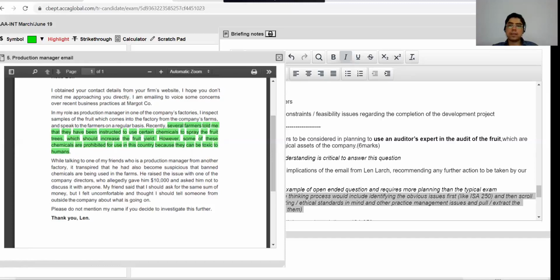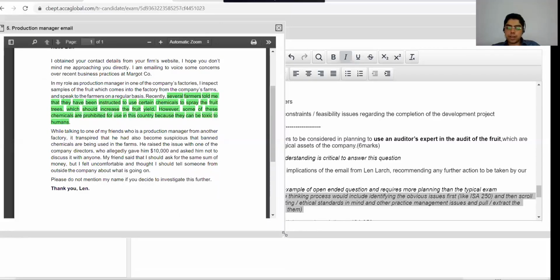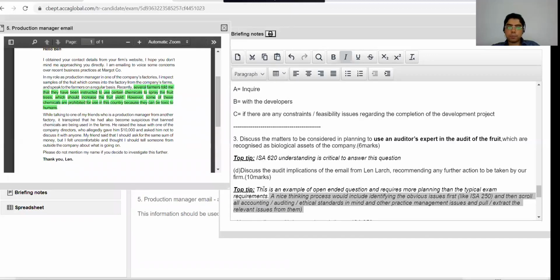So which standard should come to your mind straight away? Which auditing standard, which accounting standard? Keeping in view my top tip, which requires identifying the more obvious issues first. If something is prohibited in a country, that's a non-compliance of law. So ISA 250, auditors' considerations in relation to compliance with laws and regulations, should come to your mind.